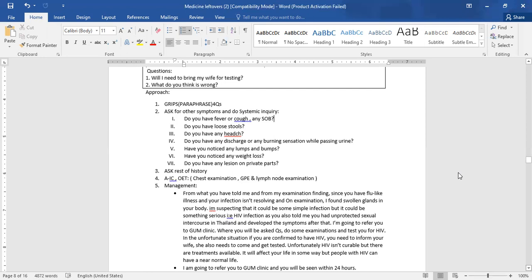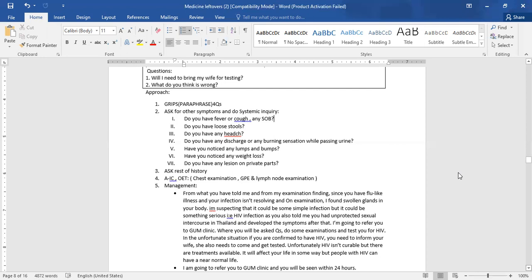So what am I using here? I am using a broad spectrum kind of approach. I'm telling them the possible causes would be as simple as this, but it could be as bad as this. And why am I thinking it can be a worse thing? As you have told me this and this. So this is the signposting, and you are also justifying your answer in front of the patient.